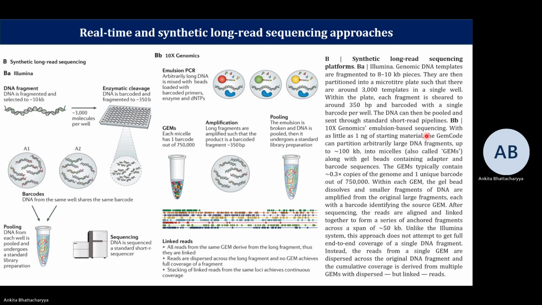So linked reads basically imply that they are derived from the same GEM derived from the long fragment, so they are considered to be linked. Reads get dispersed along the long fragment, and no GEM achieves complete coverage. And stacking of the linked reads from the same loci achieves continuous coverage. So that's what we see here.